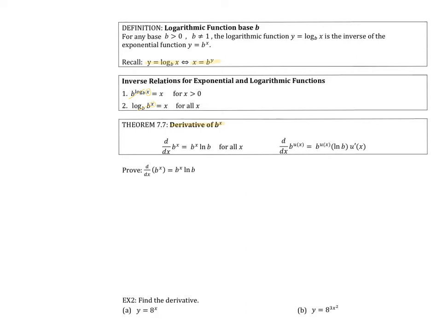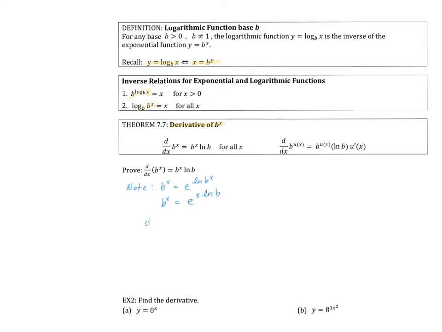First of all, note that b to the x, by one of our properties, we could rewrite as e to the natural log of b to the x. What that allows me to do is bring the x out from the exponent. So we have e to the x times the natural log of b.